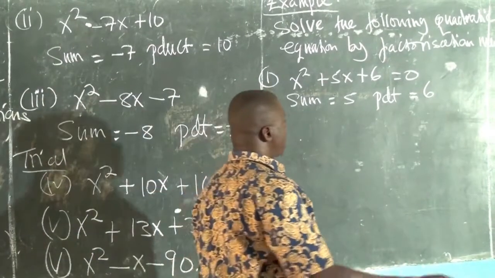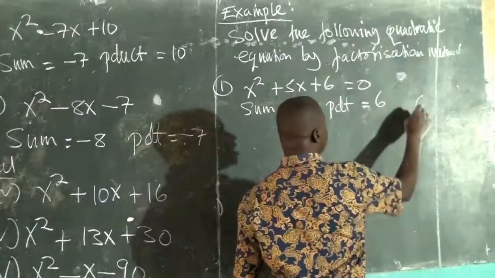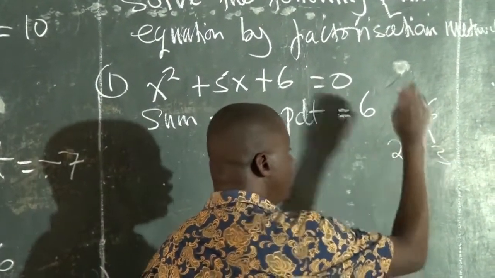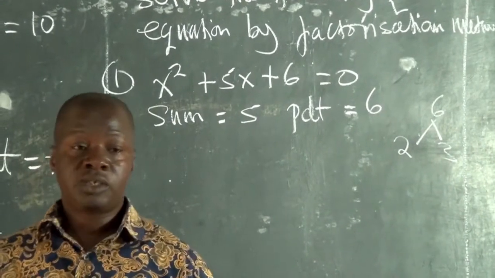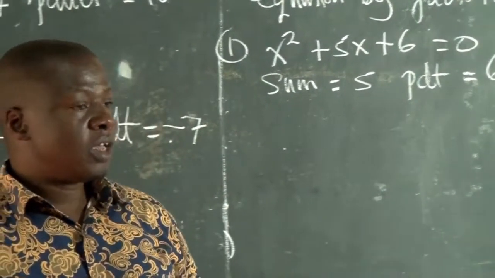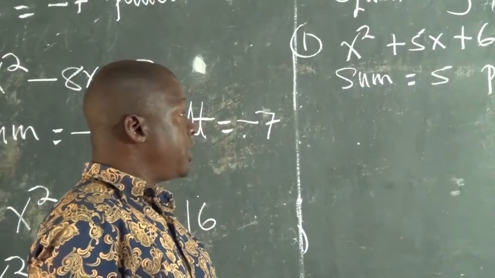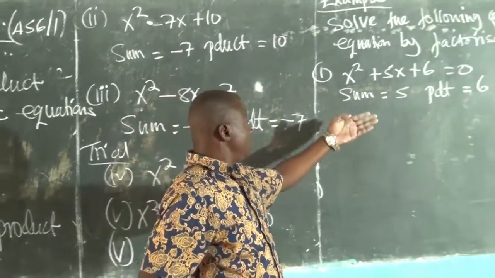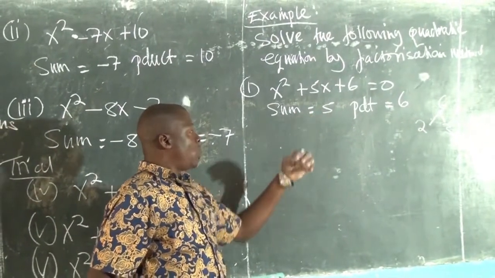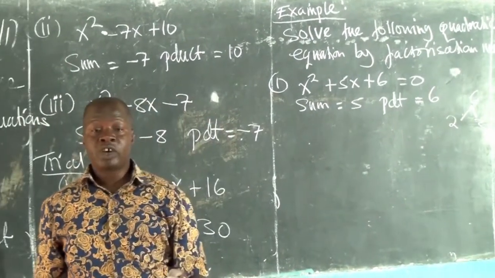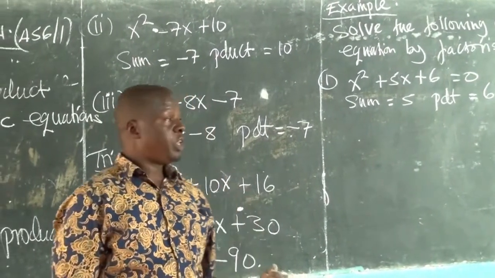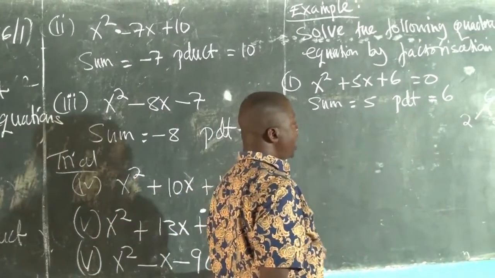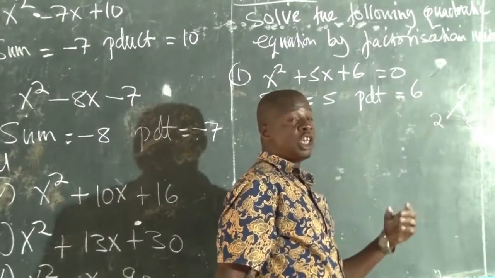Check within the factors of 6. That is the 2 and the 3. I said check within the factors of 6. Somebody can say 1 and 6. It is correct, but it does not favor 5. 1 plus 6 does not give us 5. That's why we consider 2 and 3. When you add, it gives a 5. When you multiply, it gives a 6.